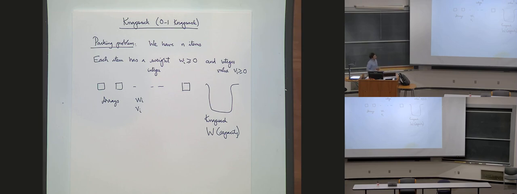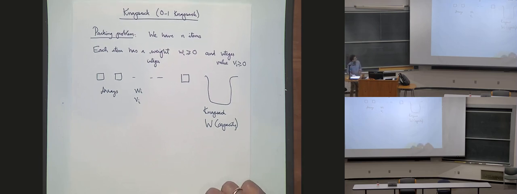No, so that has a similar feel to it. But the choices here are binary for each object, and there it's not really a binary choice between the objects. But you'll see that a lot of it is dynamic programming based. Does this make sense?